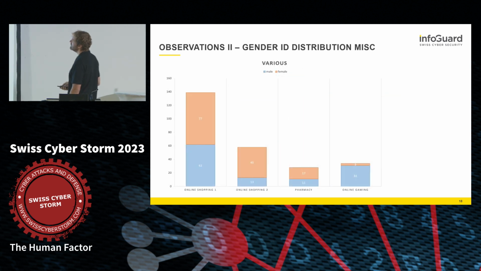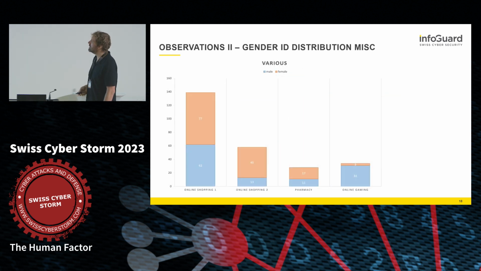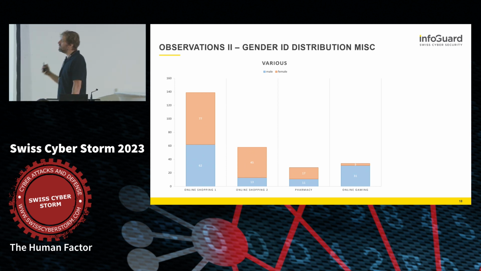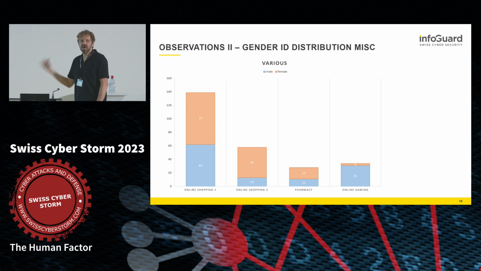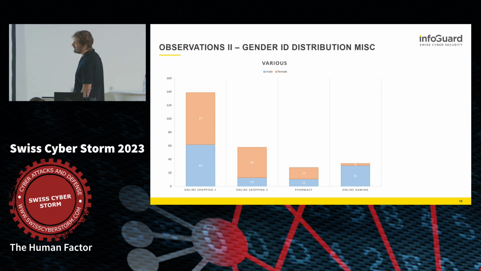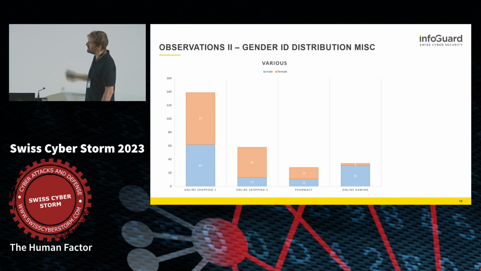Then I have another slide. This is a little bit more miscellaneous. I have 2 online shopping portals again, which are more on the general online shopping side, but which also include a little bit more products of hygiene and beauty products. We can see that the users of these sites tend to lean a little bit more to the female side again.